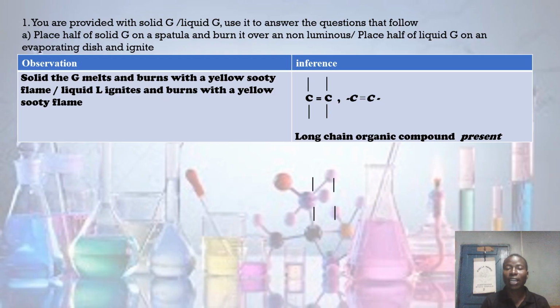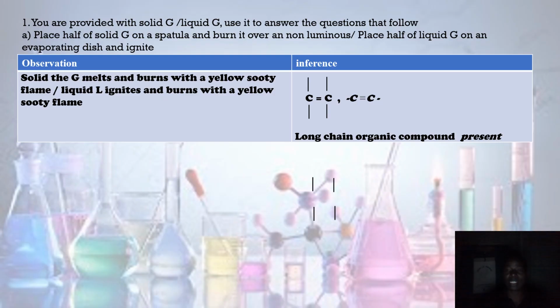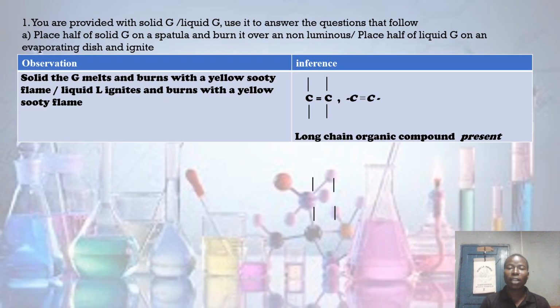That aspect is very important. Then for the inference, if it is burning with a yellow sooty flame, you are expected to say that a double bond, a triple bond, or a long chain organic compound is present.